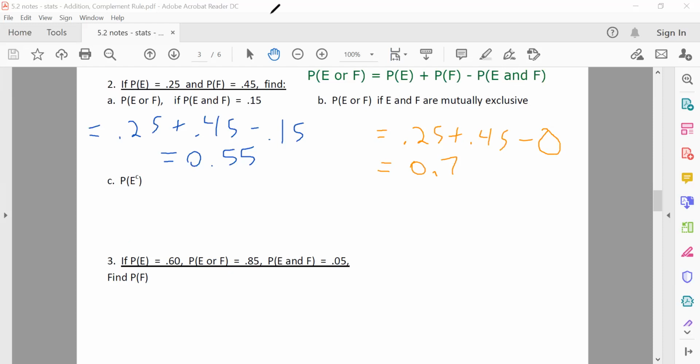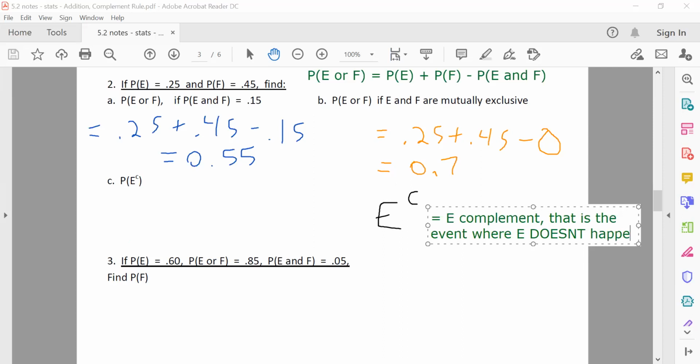Finally, the probability of E complement. Remember, we did this notation last time, but E, an event, with a C up there almost like an exponent, but it's not. This is E complement. That is the event where E doesn't happen. Well, there's going to be a nice general rule here.